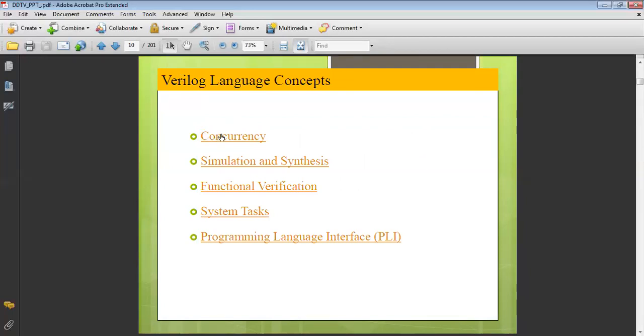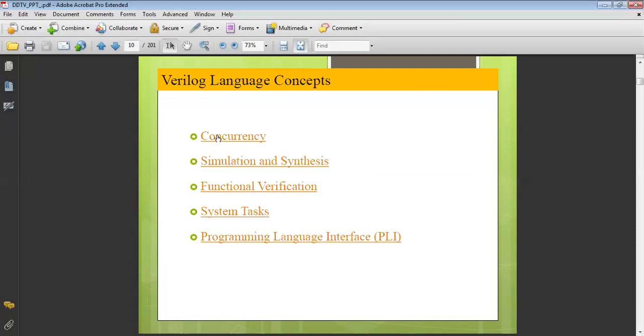The first one is concurrency, the second is simulation and synthesis, the third is functional verification of the circuit, the fourth is system tasks, and the fifth is the programming language interface. These are the five basic concepts used in our Verilog language.